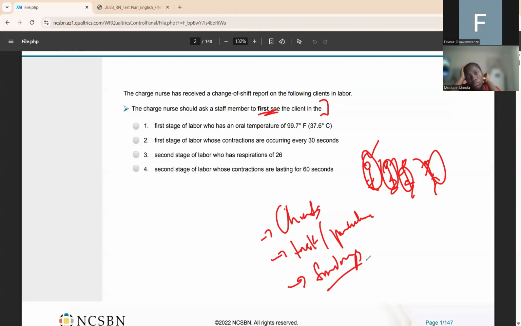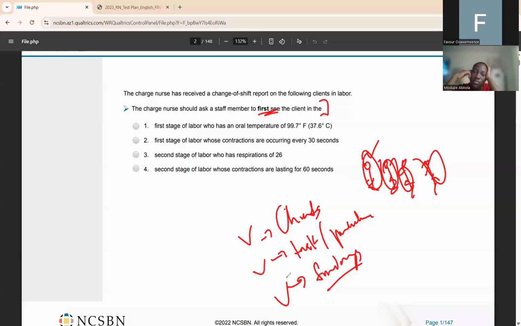For the prioritization right here on the screen, it's related to clients. Now, every prioritization has its principles. The way you prioritize related to clients is different from tasks and procedures, and is different from findings. The principle for clients is what you are going to apply.